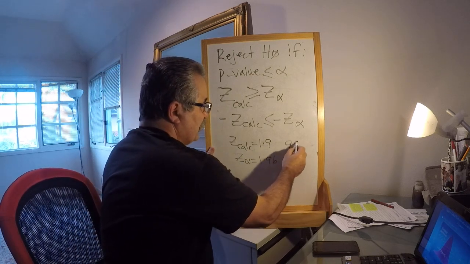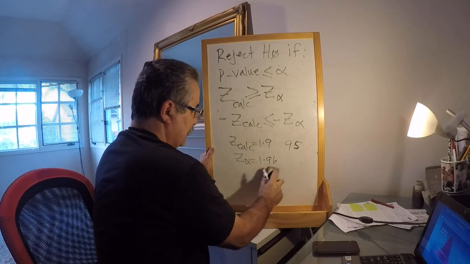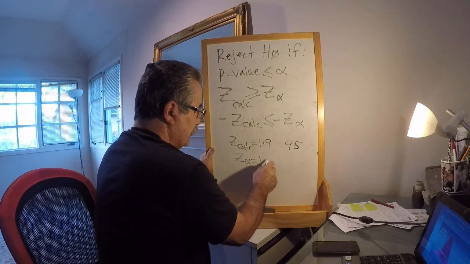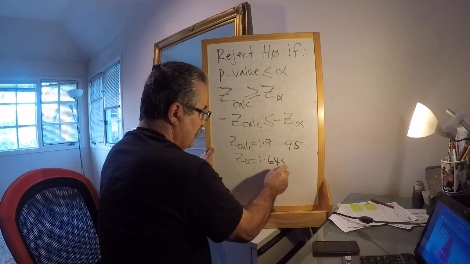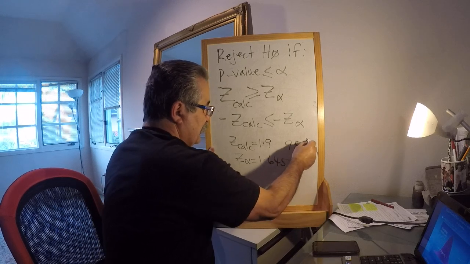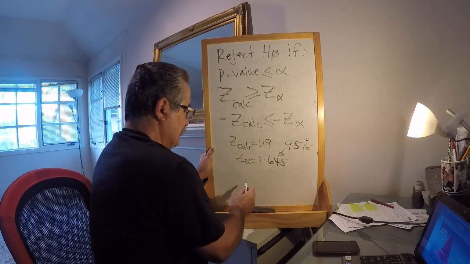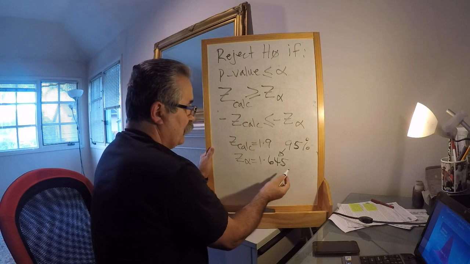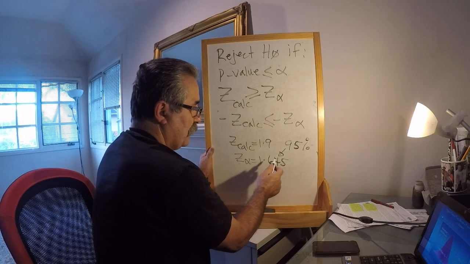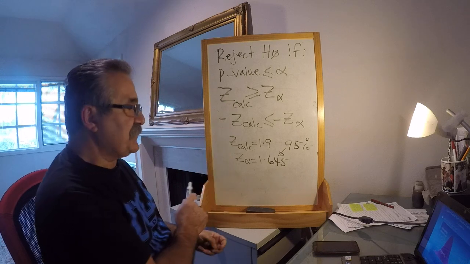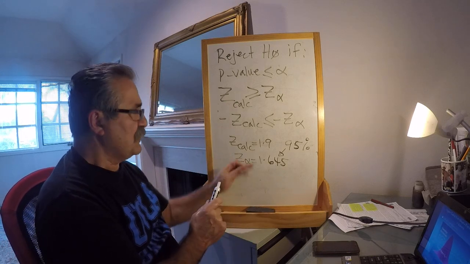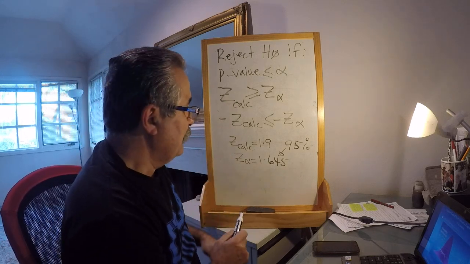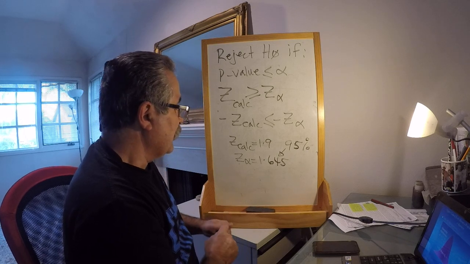For 95%, this is 1.645, and then for 90%, it is going to be 1.9. When we get there, I'm going to go ahead and explain this.